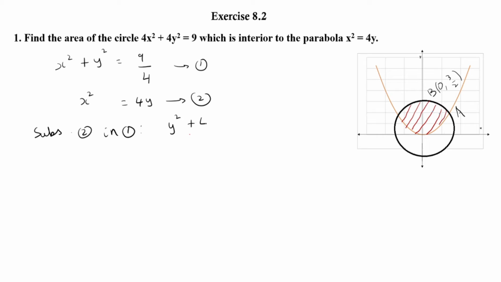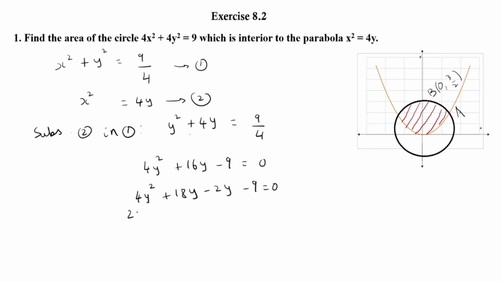Now on substituting 2 in 1, we get y square plus 4y is equal to 9 by 4, or 4y square plus 16y minus 9 is equal to 0. So we can write this as 4y square plus 18y minus 2y minus 9 is equal to 0, or we have 2y into 2y plus 9 minus 1 into 2y plus 9 is equal to 0.